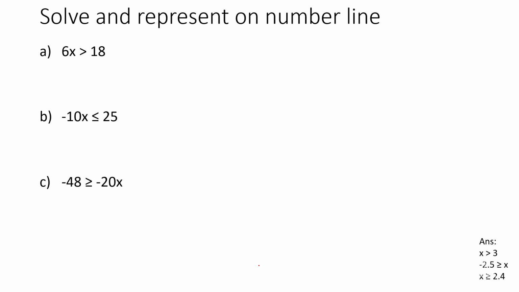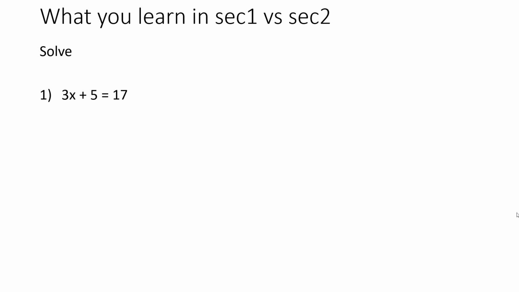Next, we will look at some equation that is slightly more complicated. So in set 1, you probably have learned how to solve this equation. 3x plus 5 is equals to 17. And just a recap, first thing we move is the constant, which is plus 5.